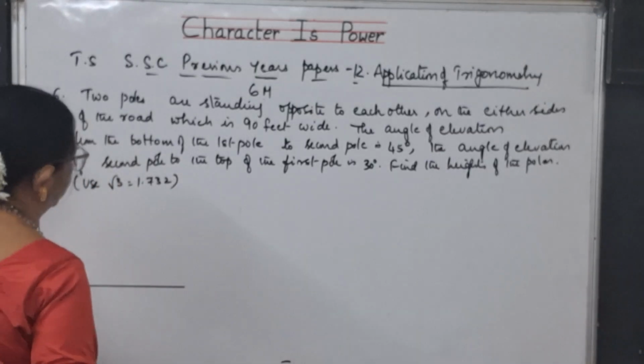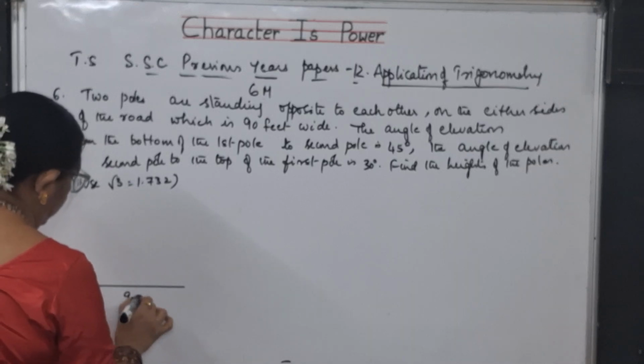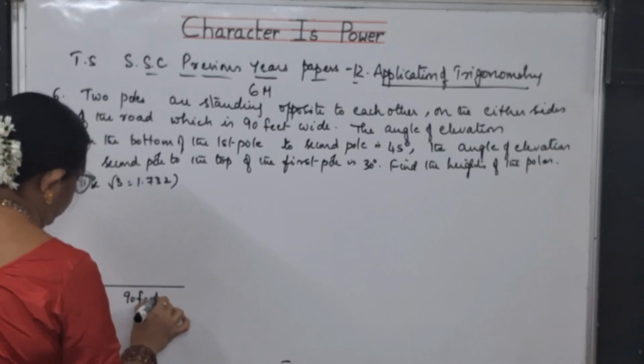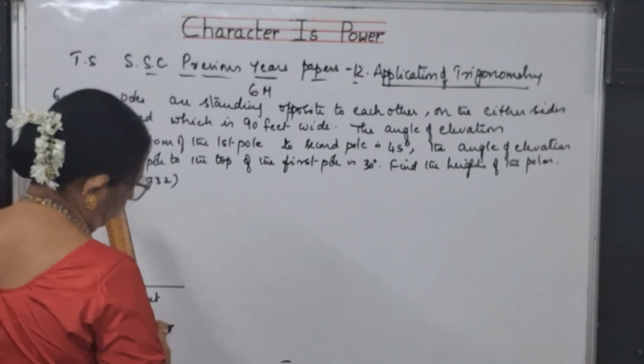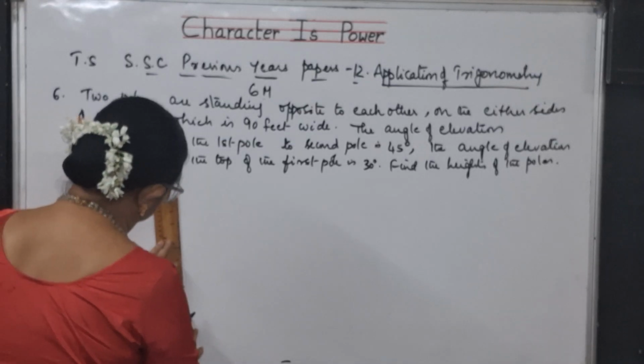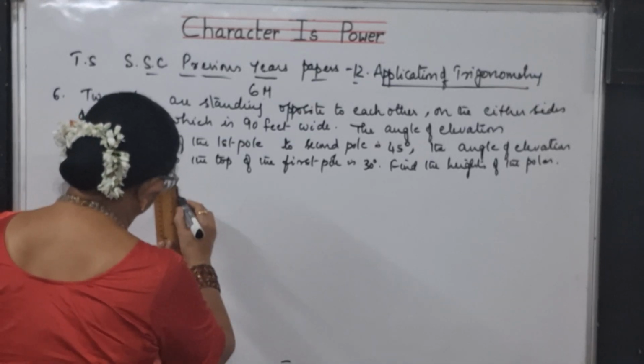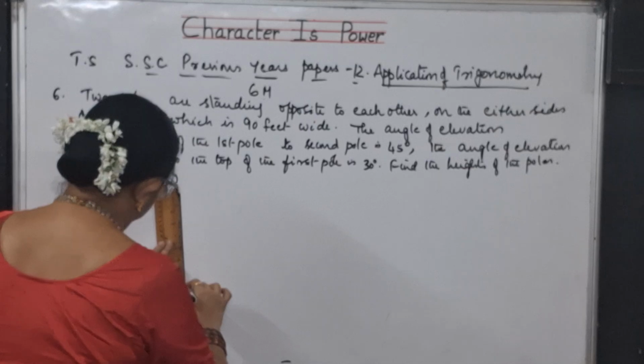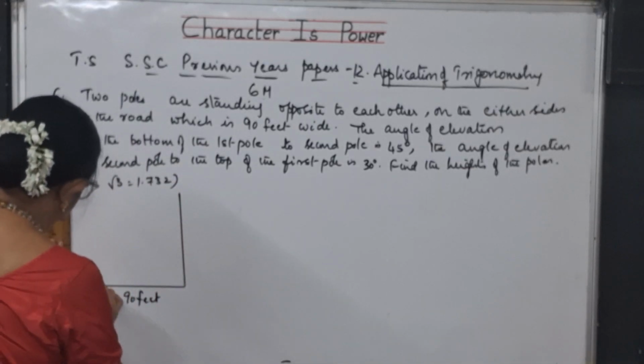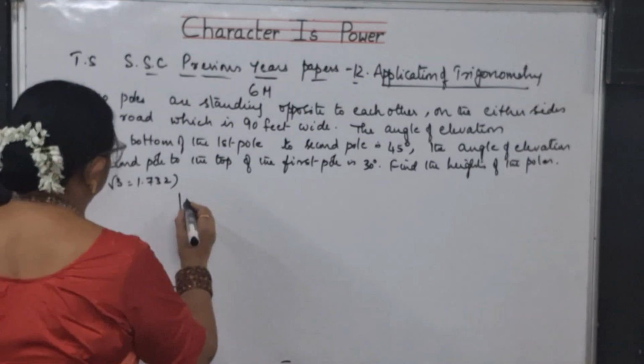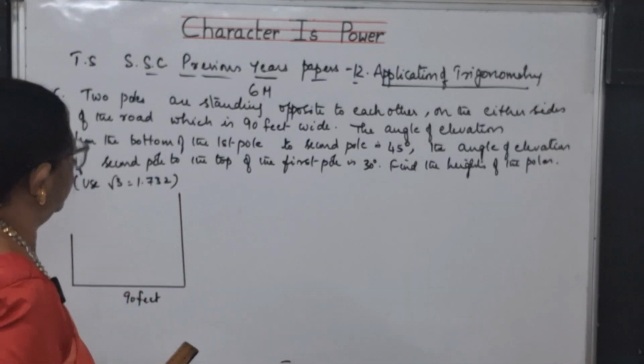So there is a road. The width of the road is 90 feet and you have got two poles on either sides of the road.